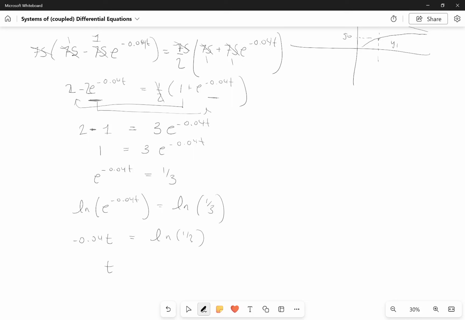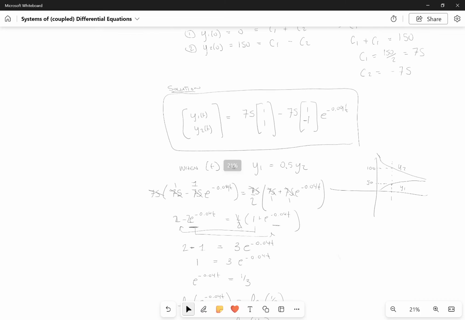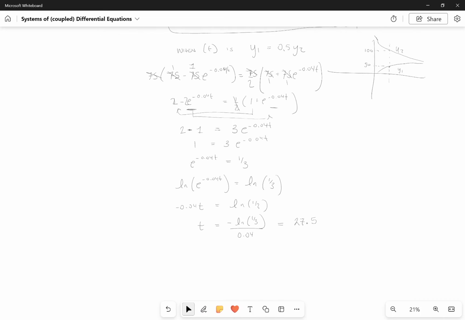That means t equals negative ln of 1 over 3 over 0.04, which gives me 27.5. And everything was in minutes, right? It was pounds per minute, so the units are minutes.